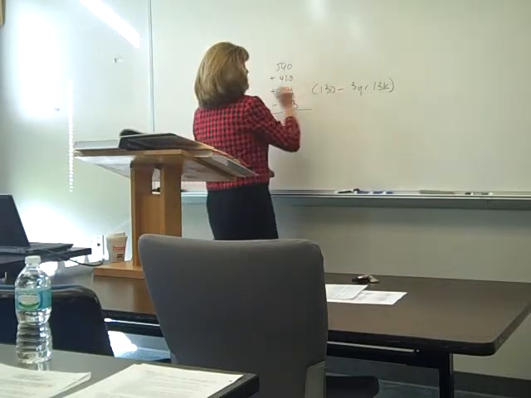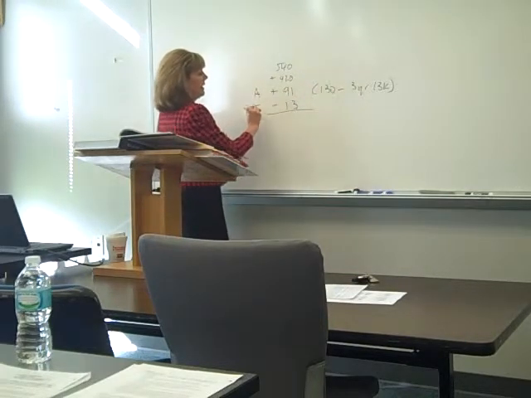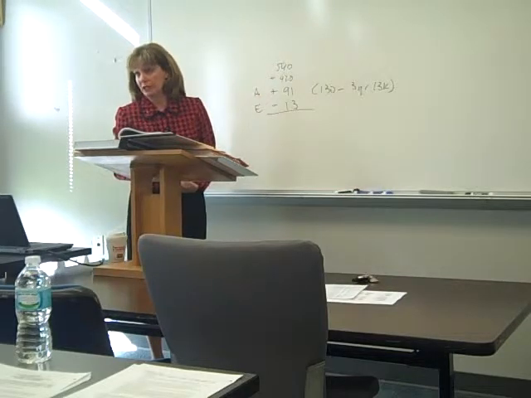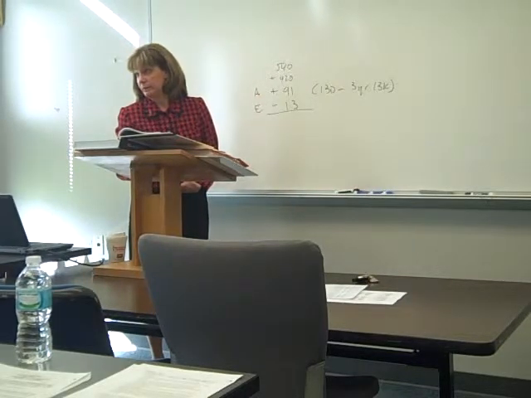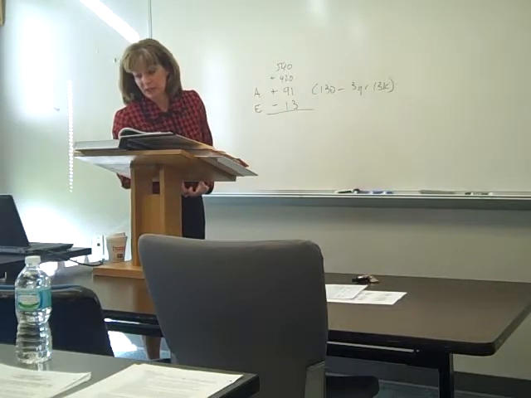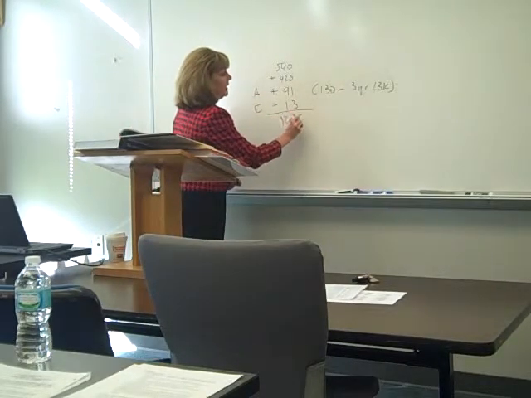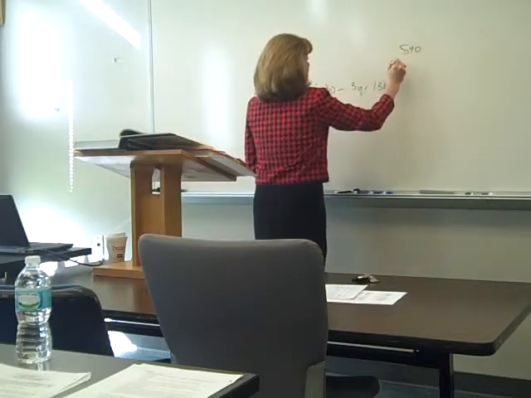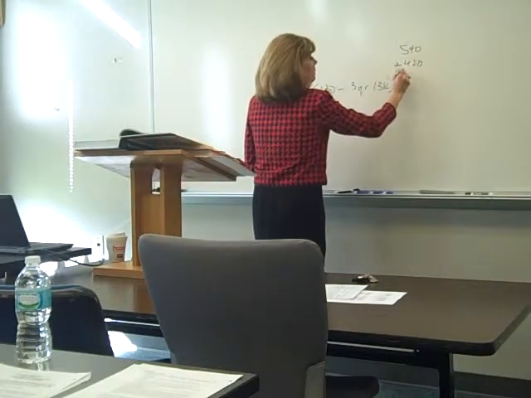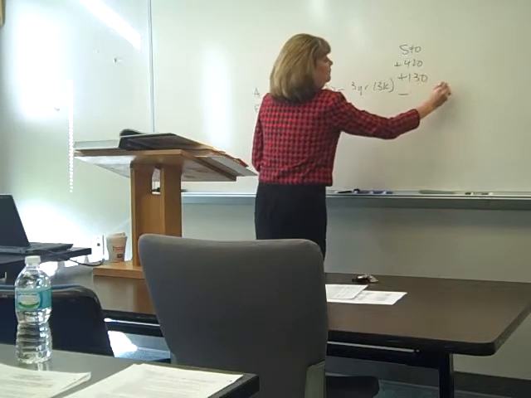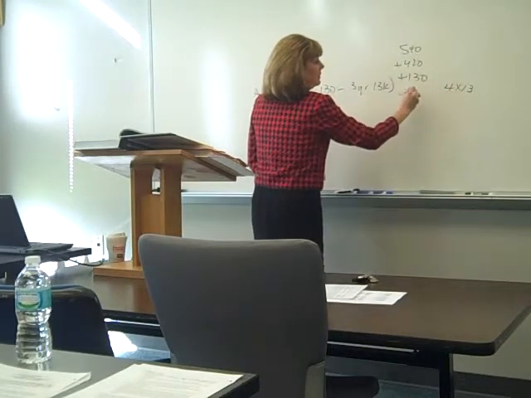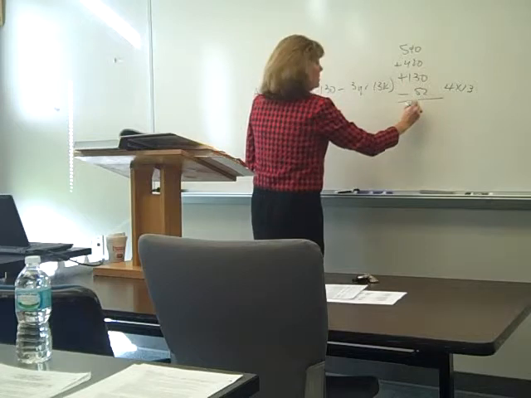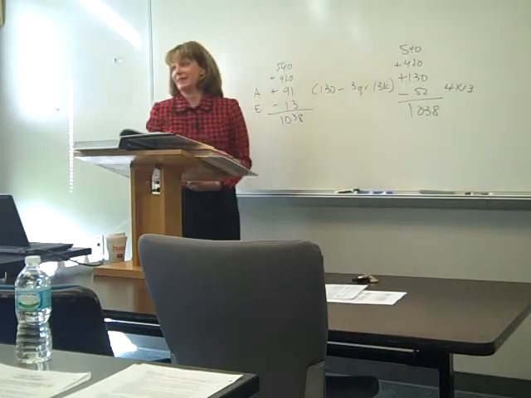Because you do this in the A entry, you do that in the E entry on the worksheet, which gives you the consolidated total of 1,038,000. If you were just doing the formula, you would do 540 plus 420 plus 130 minus 4 times 13, 52, and you would still get 1,038,000.